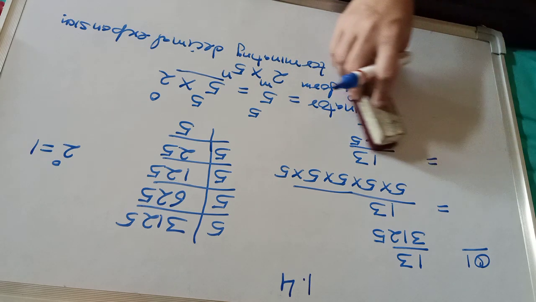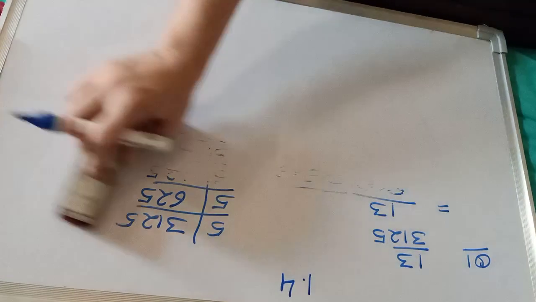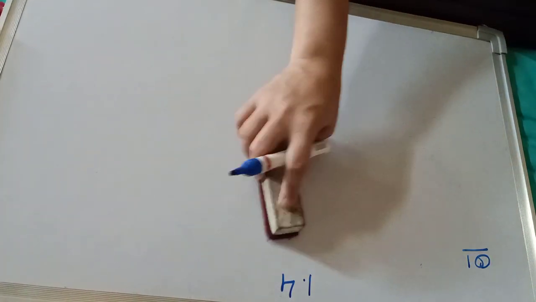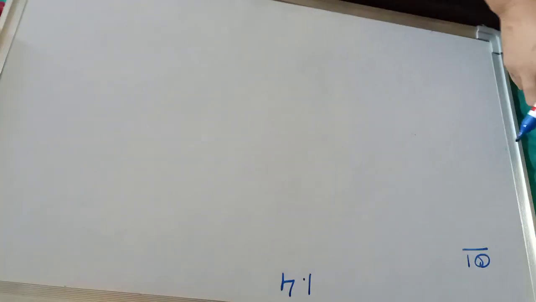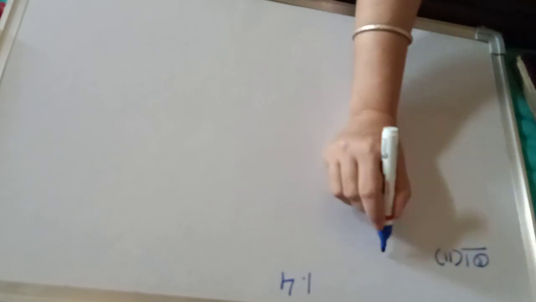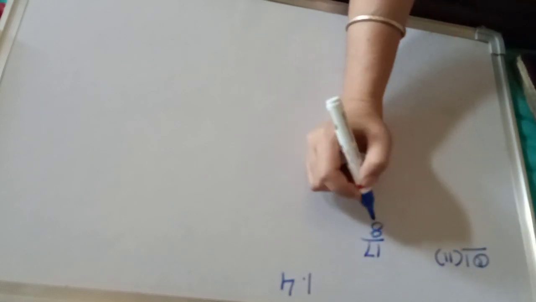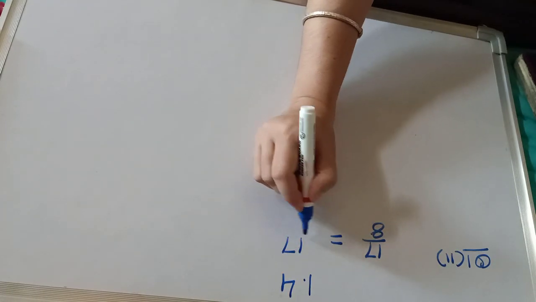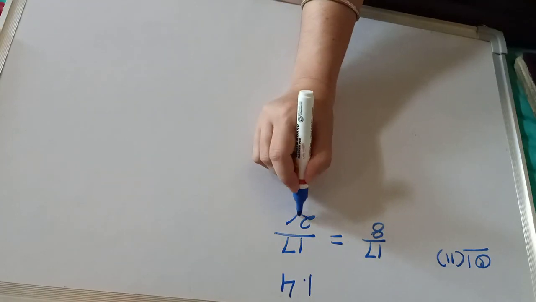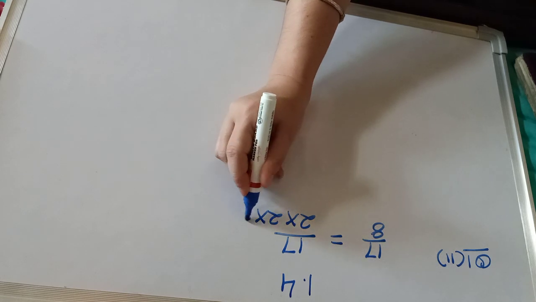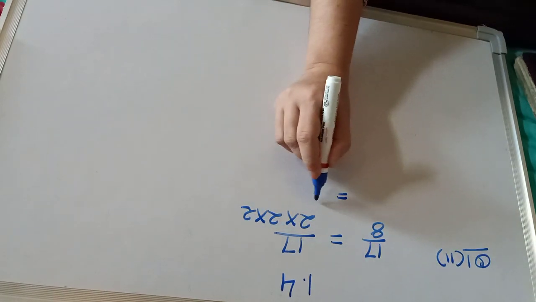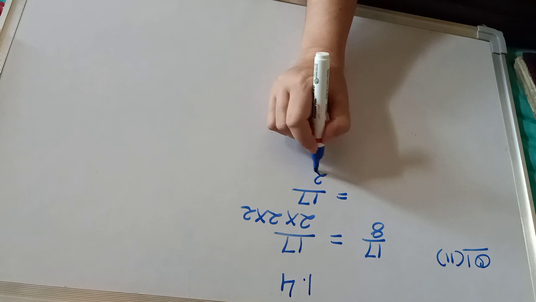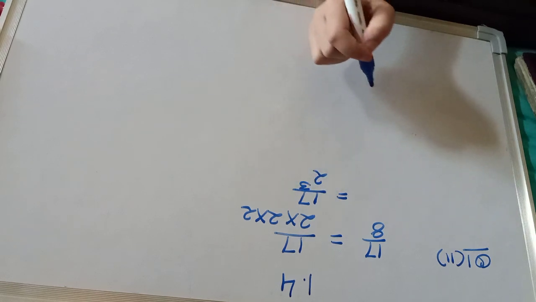Then come to your next part now. Yes, here is the next part: 17 by 8. 8 can be written as 2 into 2 into 2, which means it is 17 upon 2 cube.